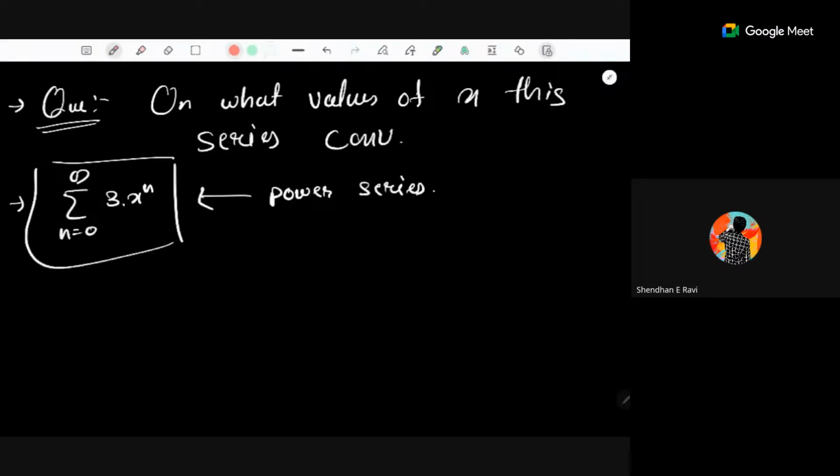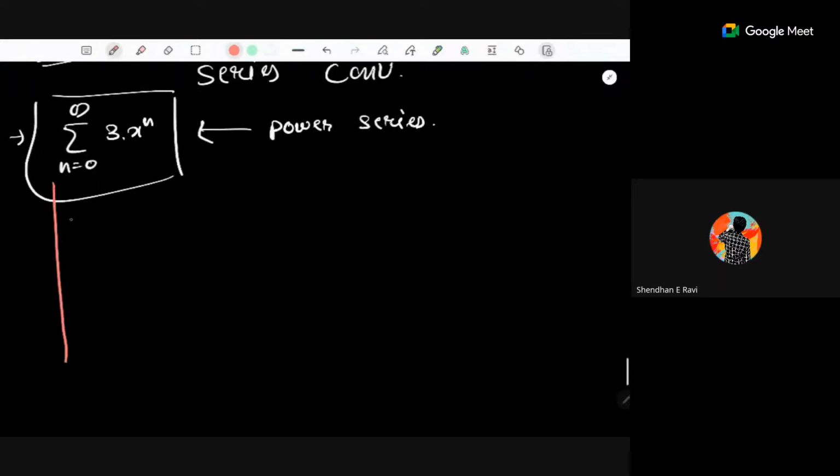Right. So now observe what will happen to this power series if I substitute different values of x. If I substitute x equals, let's say, 1 by 3. Then the power series will become summation n ranging from 0 to infinity of 3 into 1 by 3 to the power n.